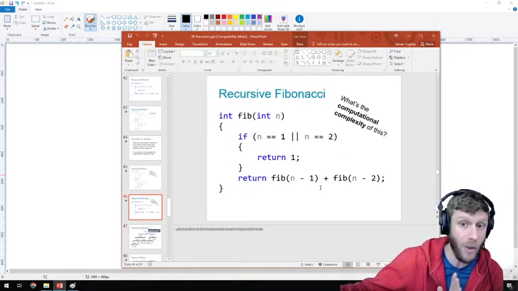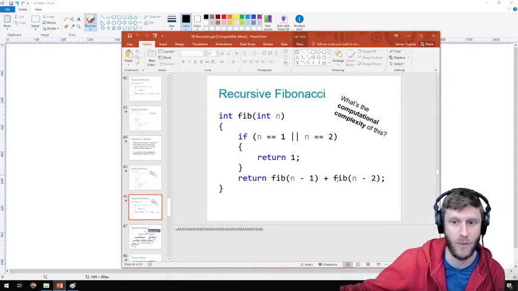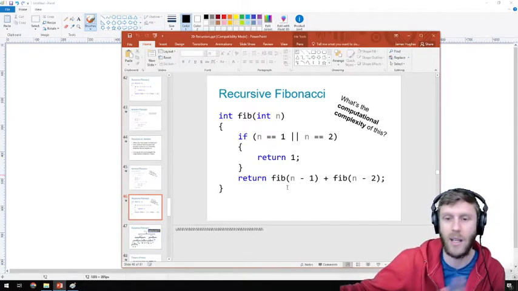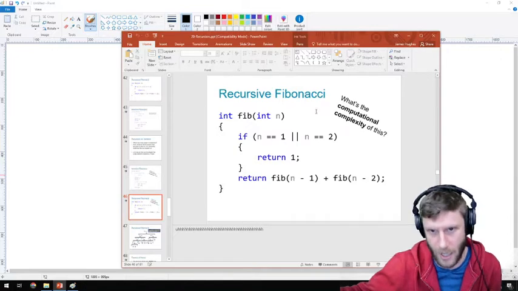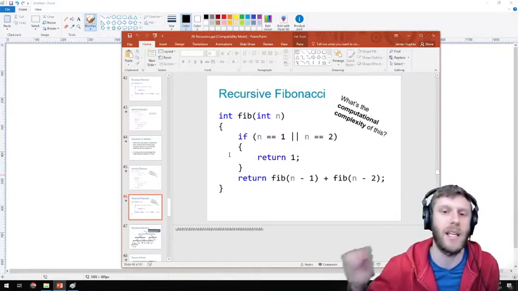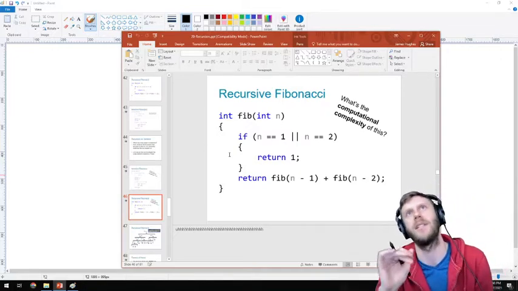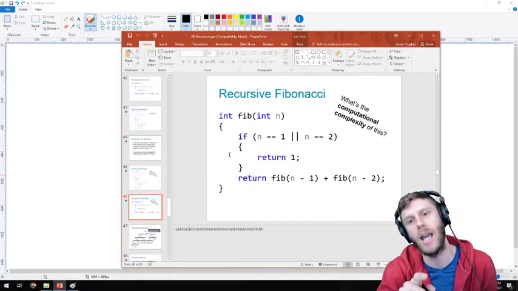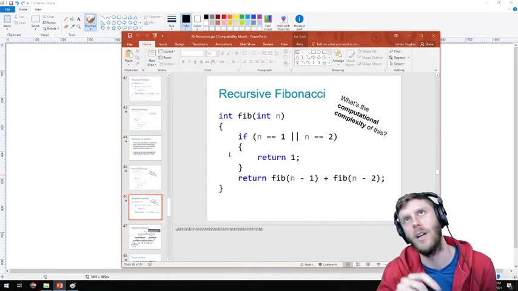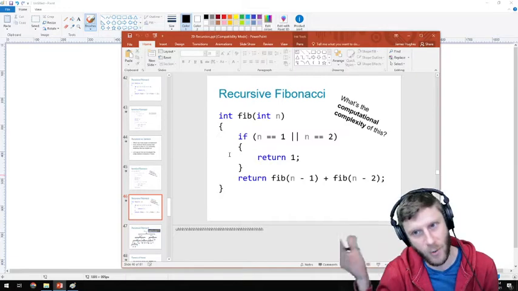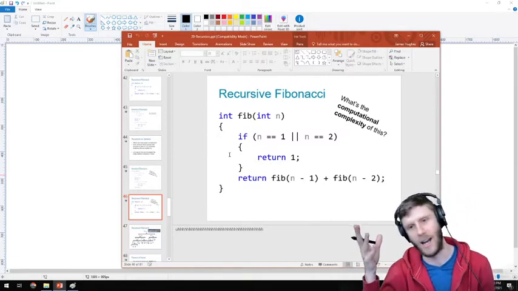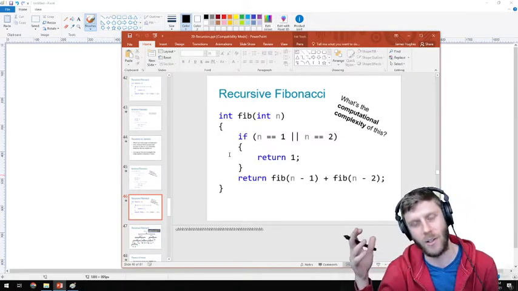If I know the value of fib n minus 1 and fib n minus 2, it's constant time to just add them together and return it. So the question becomes, if it's constant time every time this function is called, how many times is this function called?